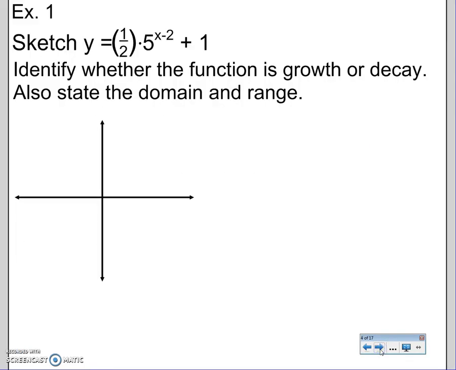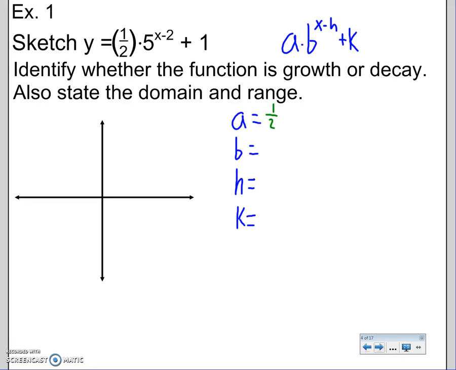So example 1, sketch this, tell me if it's growth or decay, also state the domain and range. Well, let's do A, B, H, K. Identify what they are. Remember, the form was A times B to the x minus h plus k. So A is 1/2.